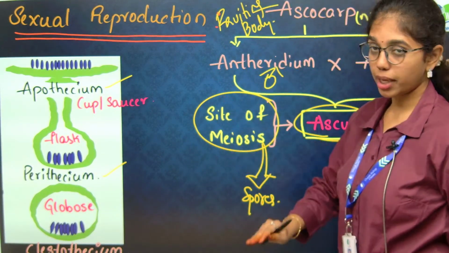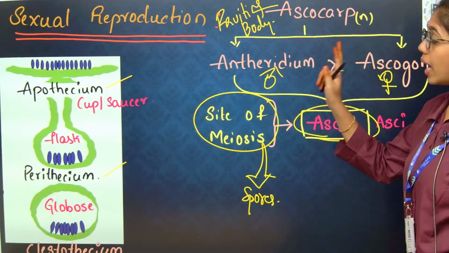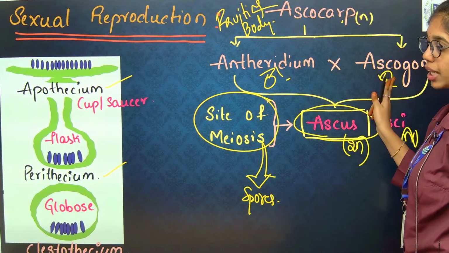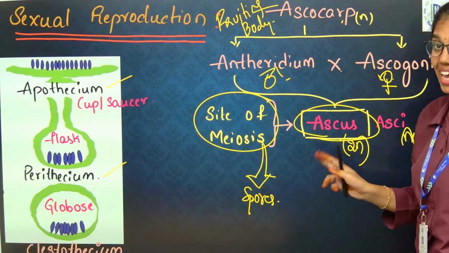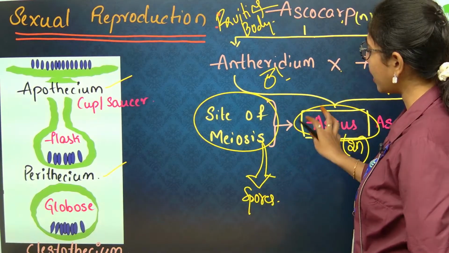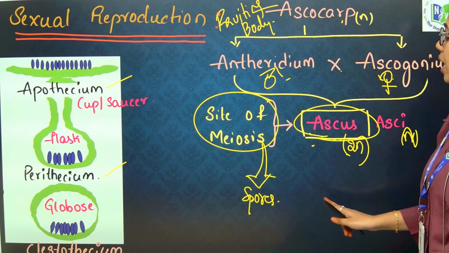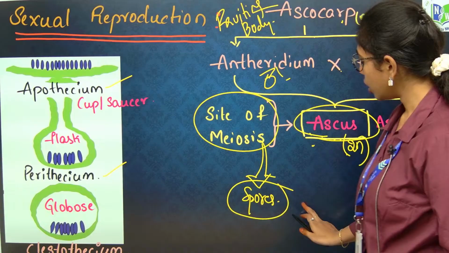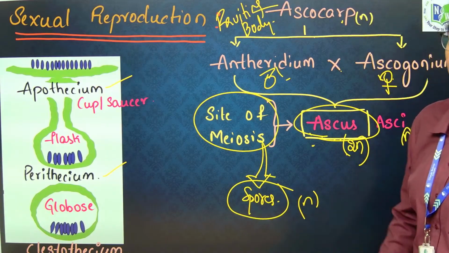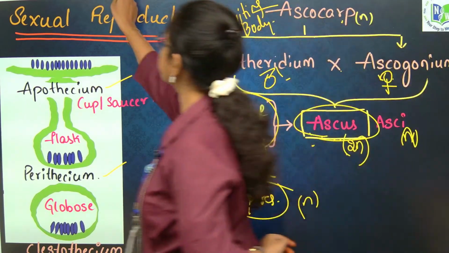These are different shapes of what? Ascocarps, and inside ascocarp only fusion takes place. Post fusion, ascus, which is diploid, is formed, and inside ascus meiosis happens. This will release the haploid spores which will germinate into a new fungal body. Clear, right? Next.